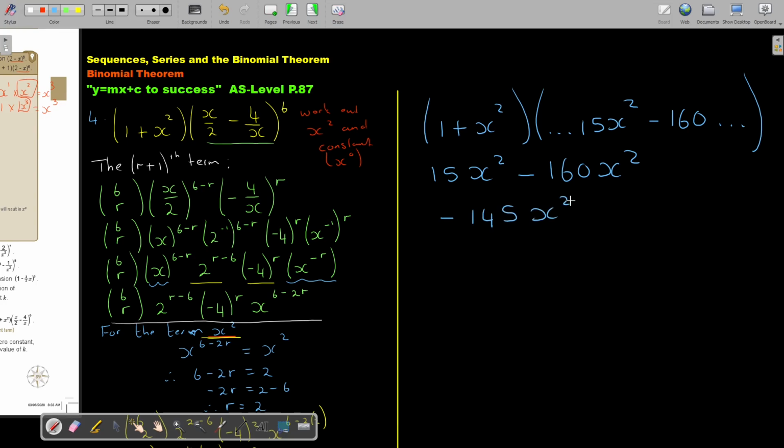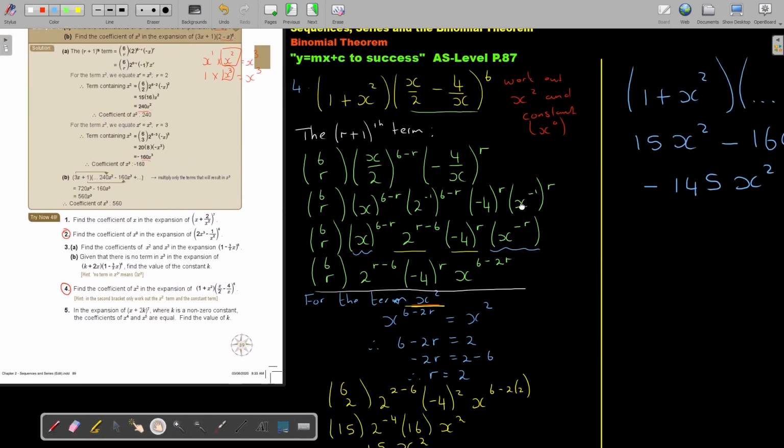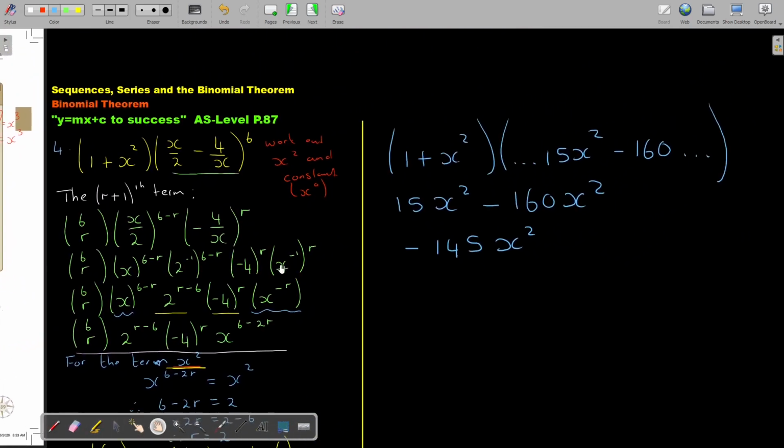But read the question again. Did they ask for the term, or did they ask for the coefficient? Find the coefficient. So if you stop there, you're not correct. So therefore, the coefficient is -145. Okay, and that's how you do it.